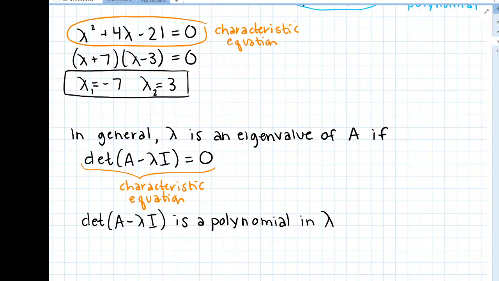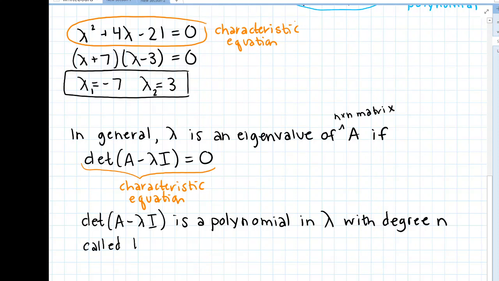So it's a polynomial in lambda with degree n. The degree is always going to be equal to the size of the matrix. So maybe I should add that in here: we're talking about an n by n matrix. So this determinant will give you a polynomial in lambda with degree n, and that's called the characteristic polynomial.